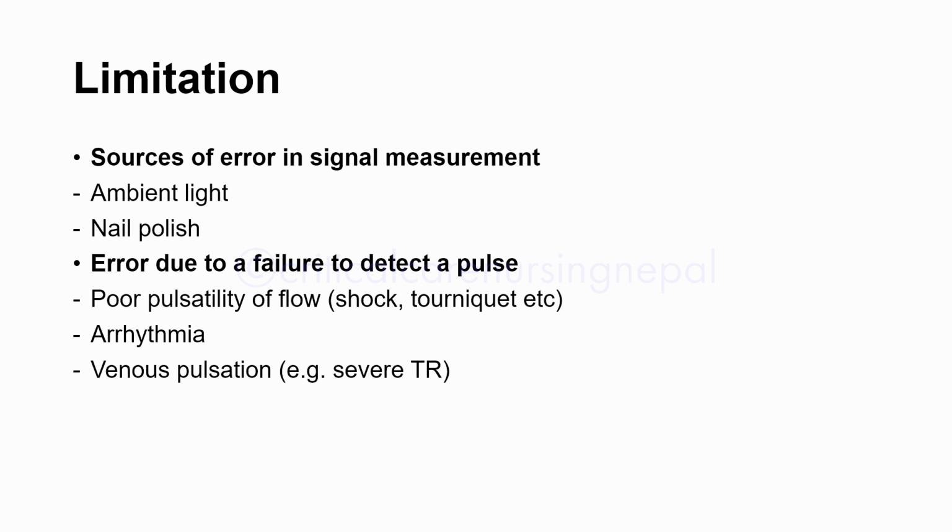The device can mistake that for arterial pulsations and can give you a falsely low SpO2. So what is the clue? Look at the waveform for the venous pulse, like low amplitude or no dicrotic notch being seen.